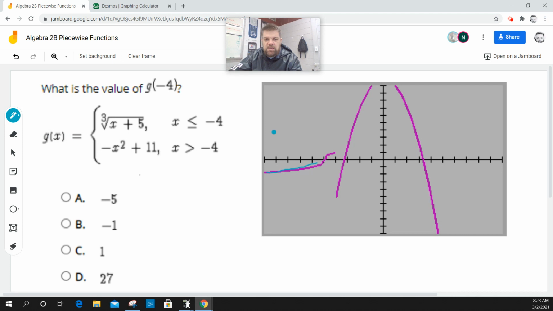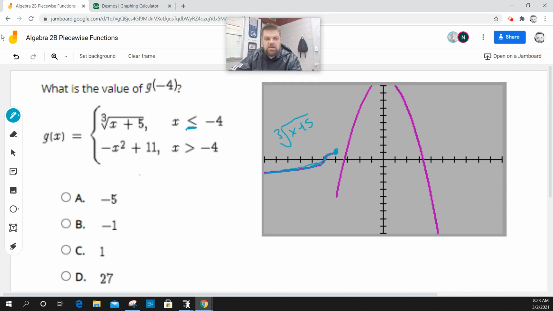That is the cube root of x plus 5. Okay? This section right here. Technically, because I have this equal sign, this is defined at -4 here.